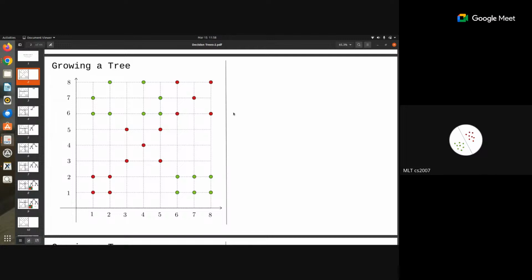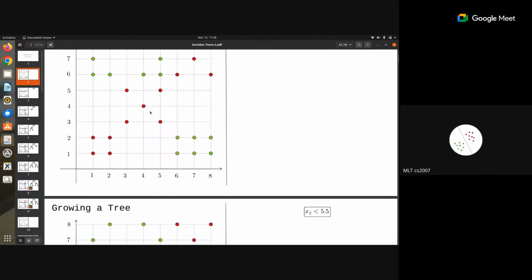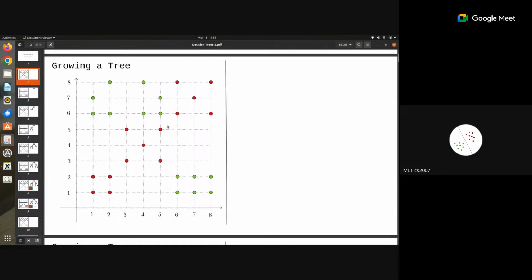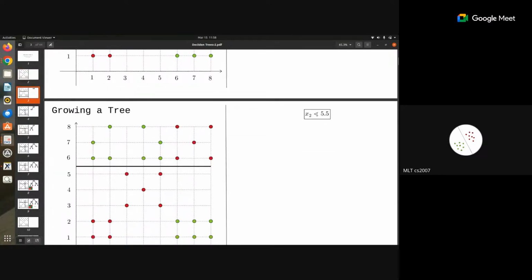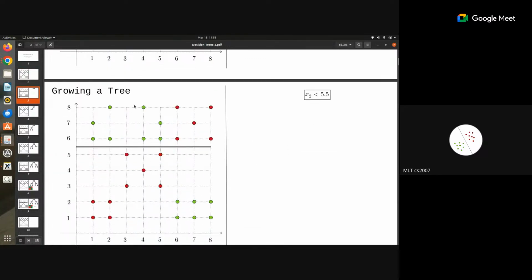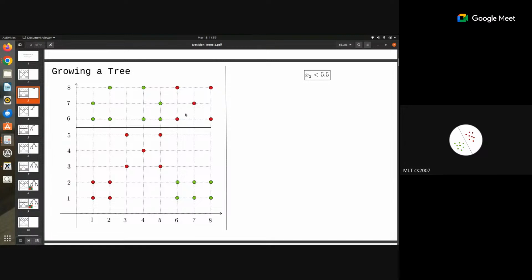Yes, right. So initially we had some entropy, I'm just picking a number, let's say the entropy was 5. Then we asked one question, which is x2 is less than 5.5. Now what happened here? I have broken this data set into two pieces: one piece is above this line and another is below this line.